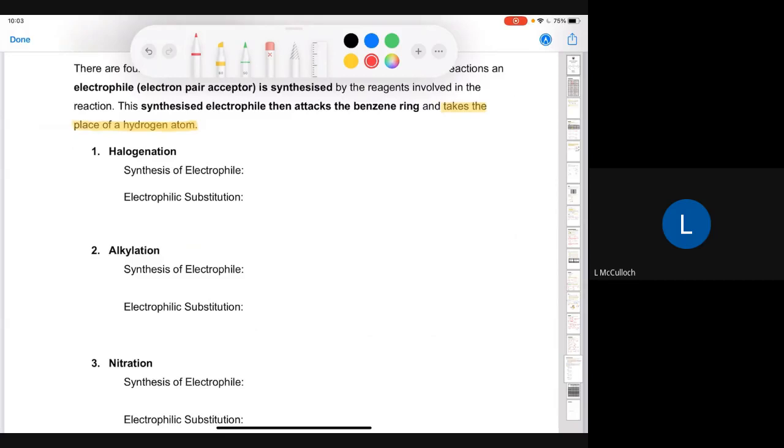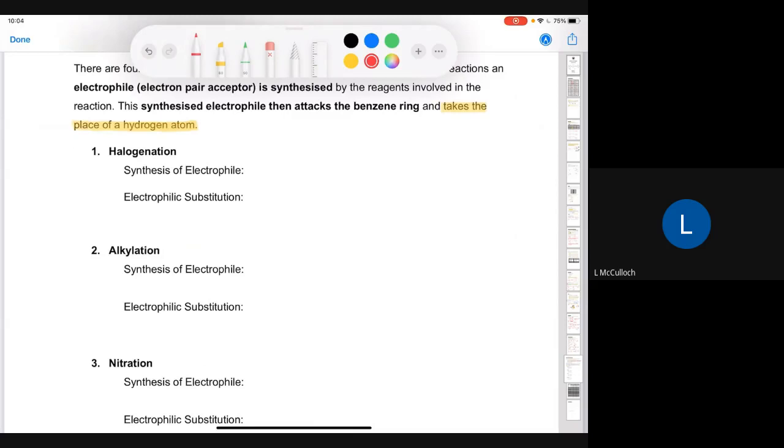Now the first step is to synthesize the electrophile. So what I'm going to do is just write out the reagents that we would use and then show you the diagram or the kind of formula for the electrophile. We don't need to know the exact chemistry behind how the electrophile is formed. We just need to know what the electrophile looks like and what chemicals we use to make the electrophile.